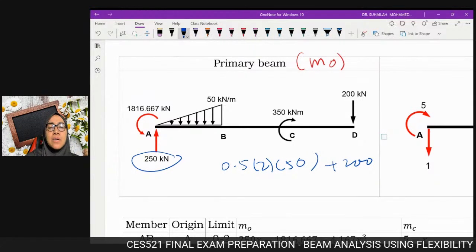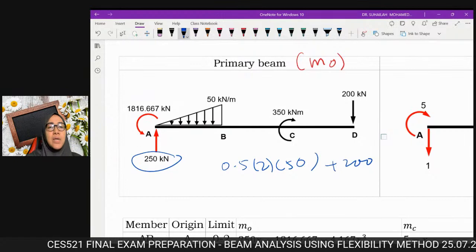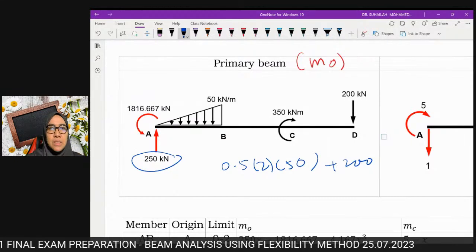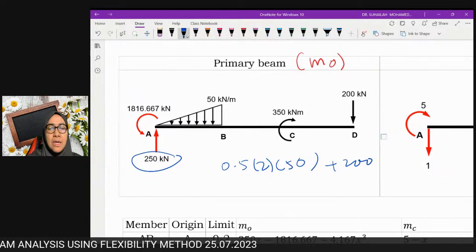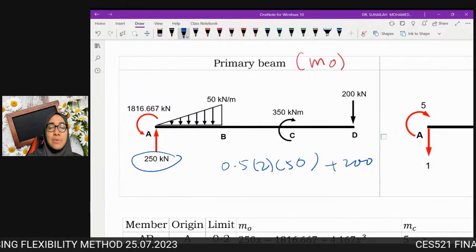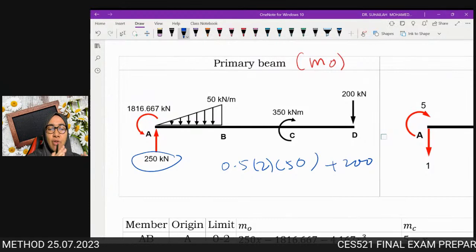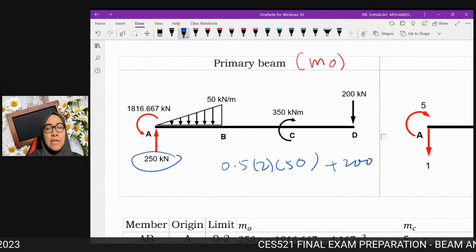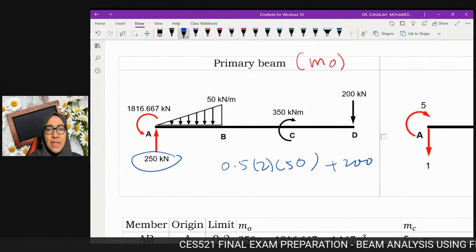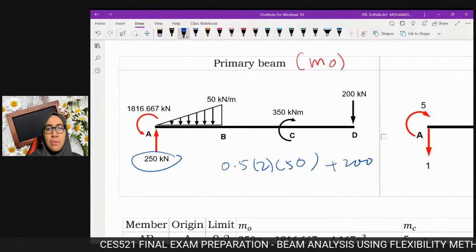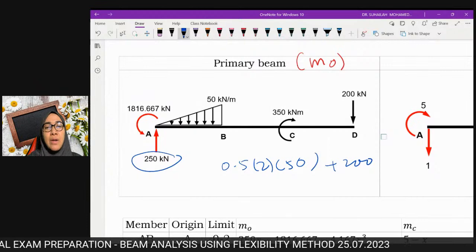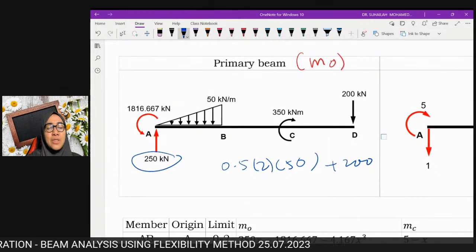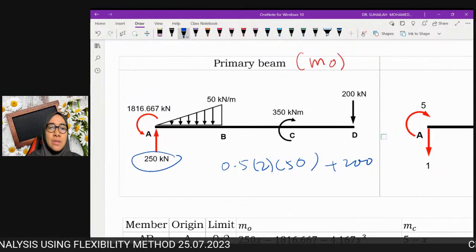The triangular load is acting downward. It is 0.5 because that is the formula for the area of a triangle, times 2, the distance from A to B is 2 meters, and we times by 50, so we get 50, and 50 plus 200, we get 250. That is why AY is equal to 250.